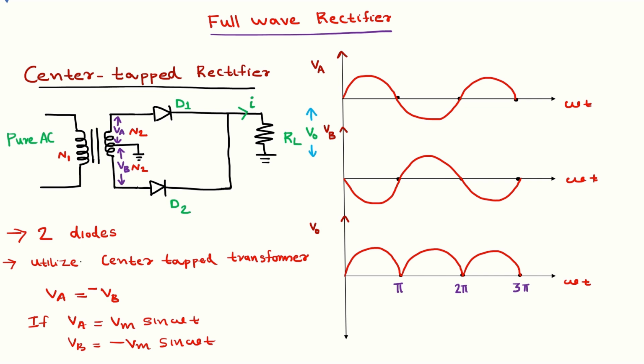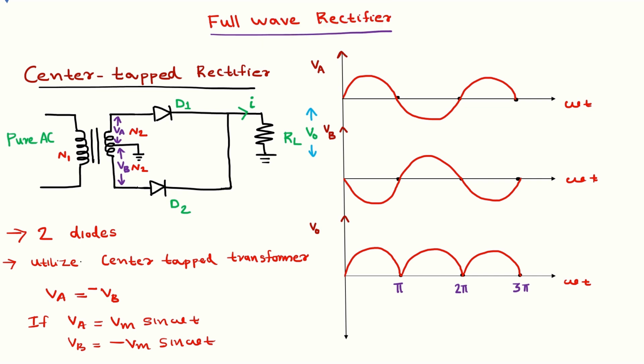When VA is positive, VB is negative. When VA is negative, VB is positive. And the third diagram is an output waveform that I will explain. Don't worry about that diagram now. Just observe the waveforms of VA and VB. I will explain the output waveform later.